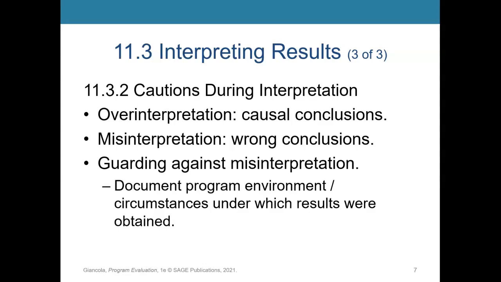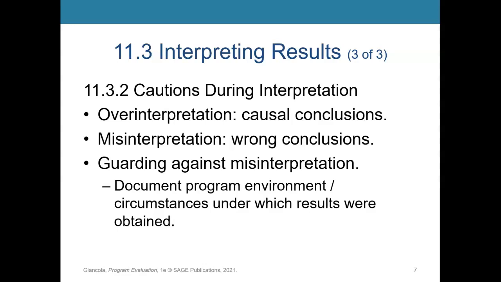You may be able to say that there's a link between your program and certain outcomes, but you won't be able to say without reservation that your program caused certain outcomes. So you want to be sure you don't over-interpret your results and state a claim that your findings are a direct result of programs, activities, or strategies when your research design doesn't warrant that causal conclusion.